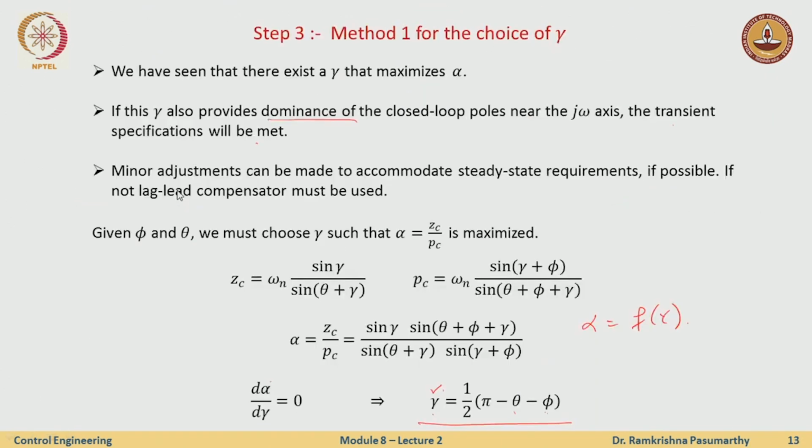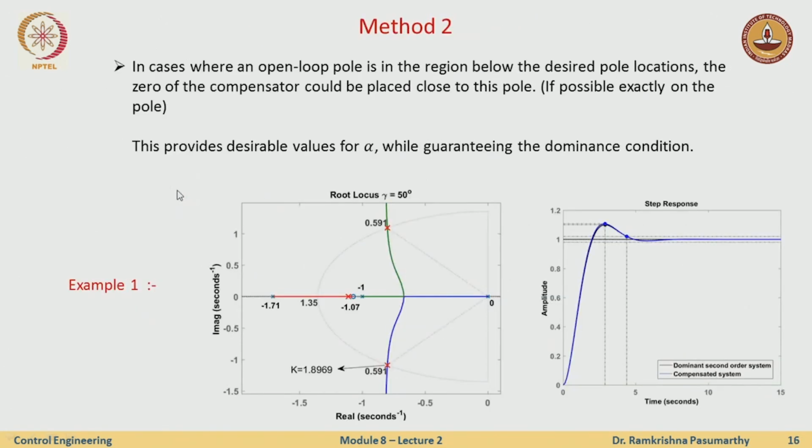From this observation I can say that in cases where an open loop pole is in the region below the desired pole locations, right, so this is not really far, this is 0.8 and this is 1, in cases where the open loop pole at -1 is in the region below the desired locations in the close vicinity of it, then I just place a 0 slightly to the left of that pole. So, here I have a pole at -1 and I place the 0 just say at 1.07.